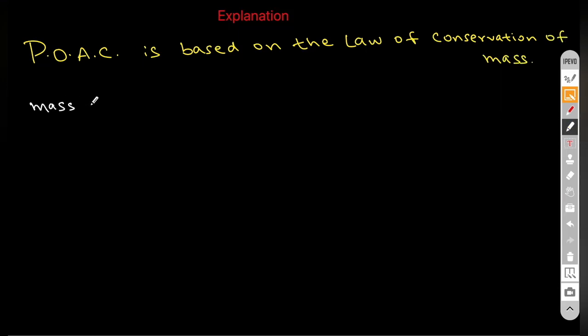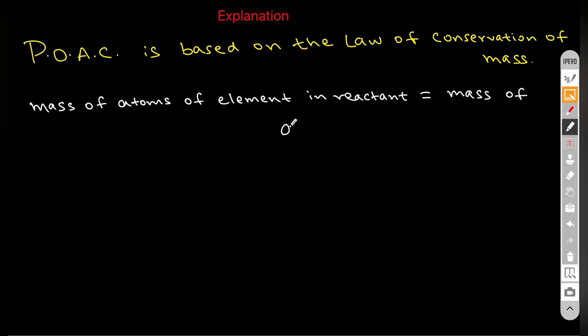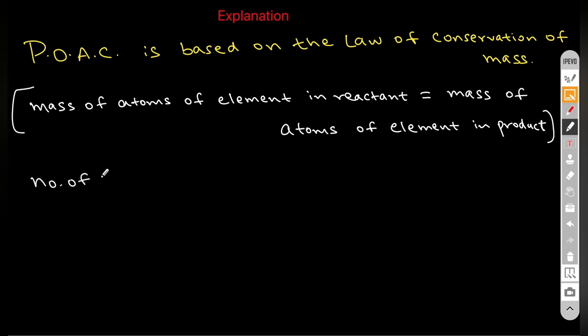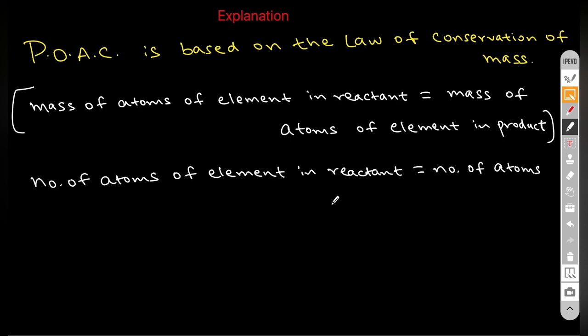So simply we can write two statements here. First one is mass of atoms of element in reactant will be equal to mass of atoms of element in product. Also, with the help of the first statement, we can write that number of atoms of element in reactant will be equal to number of atoms of element in product.